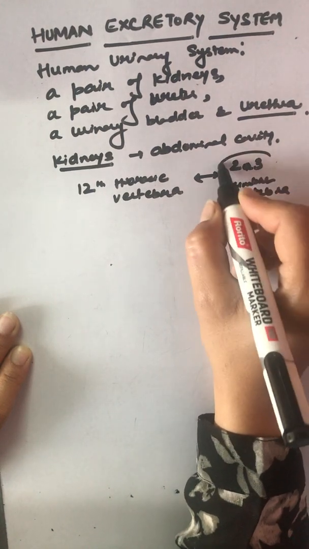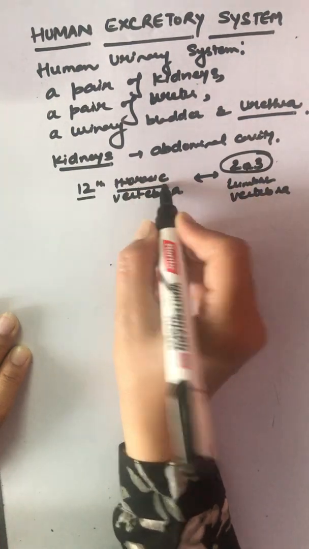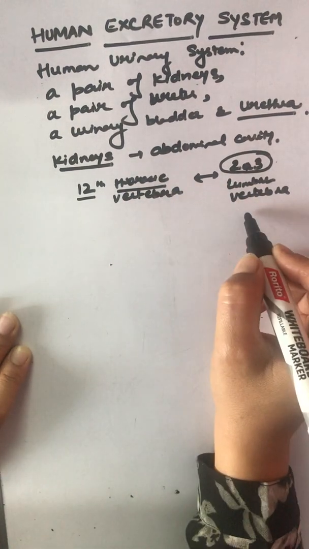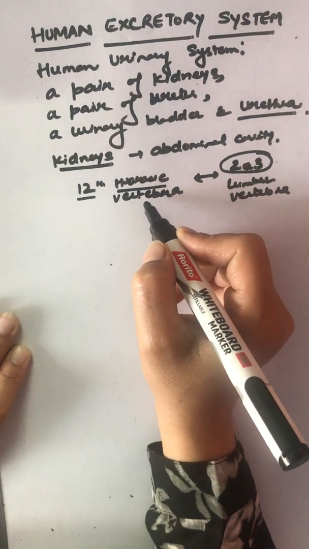These are the positions of the thoracic as well as lumbar vertebrae in the vertebral column where the kidneys are located.